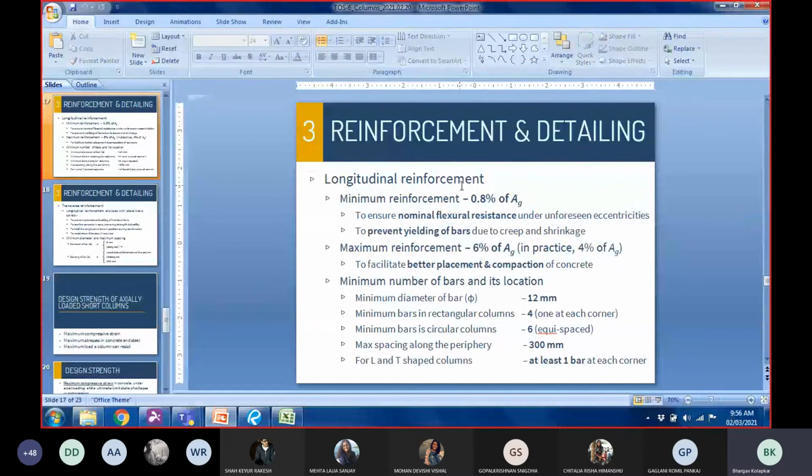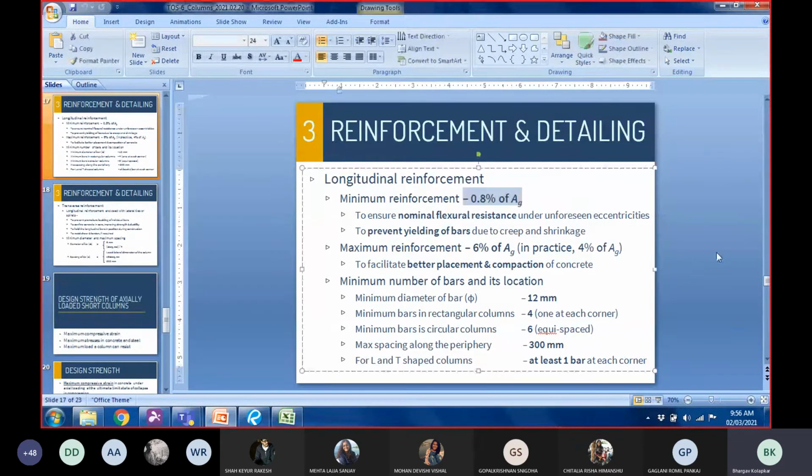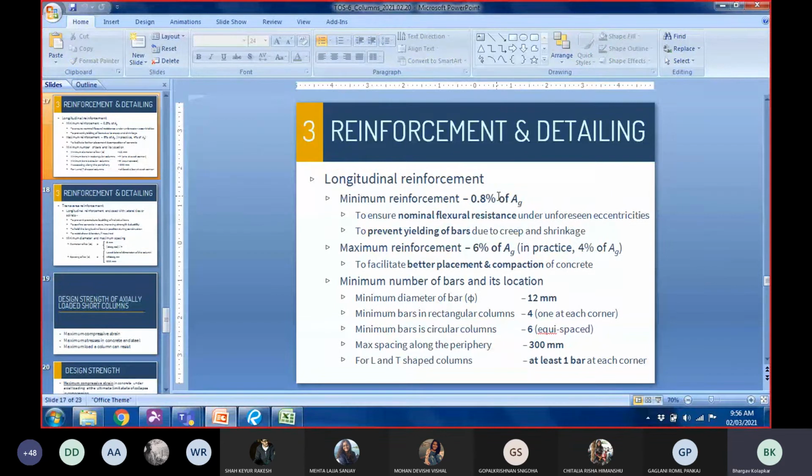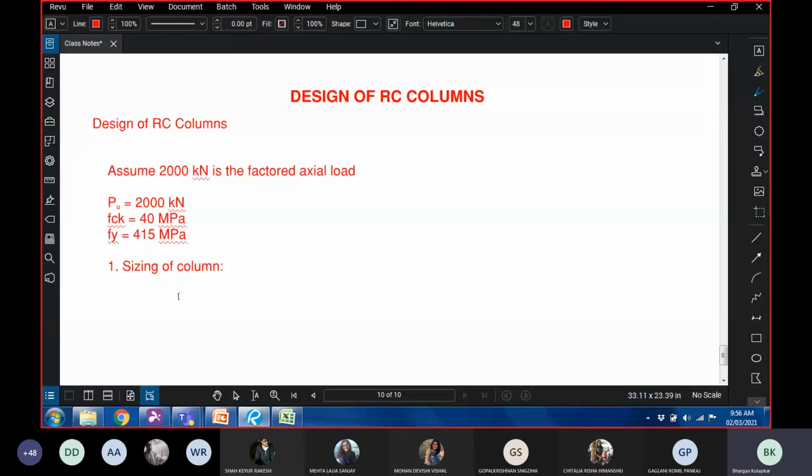So now we have a range in which we can provide reinforcement, that is 0.8% of Ag to 4% of Ag. So we can start with an assumption: assume the percentage of longitudinal reinforcement to be something between 0.8 and 4%.